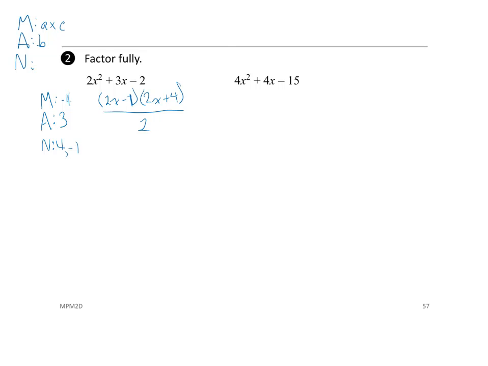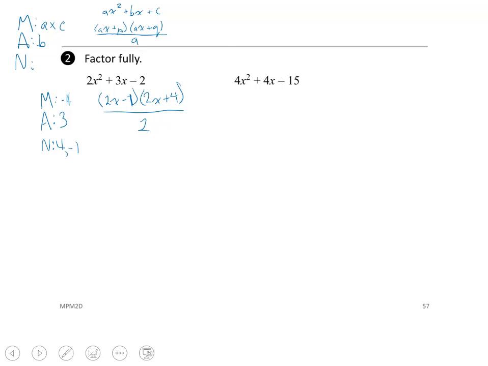And the reason for this is because if you, in your equation ax squared plus bx plus c, factor it, you're going to end up with ax plus p, ax plus q, all over the a value.